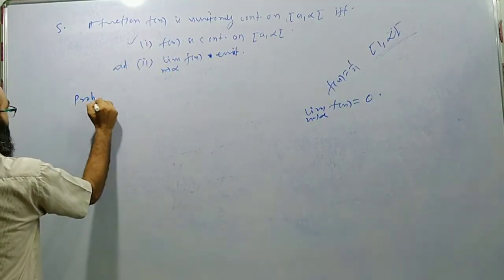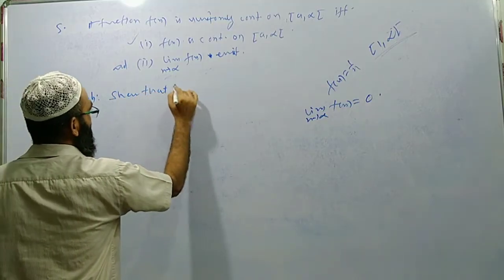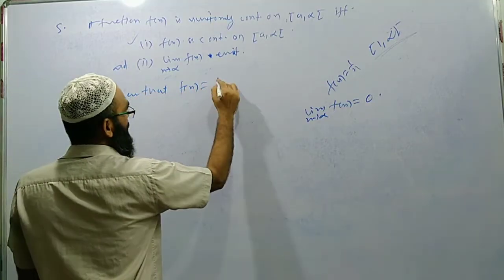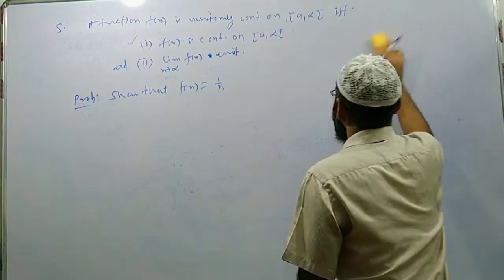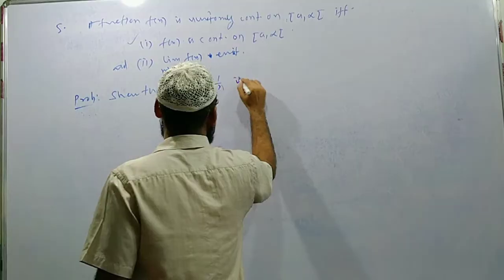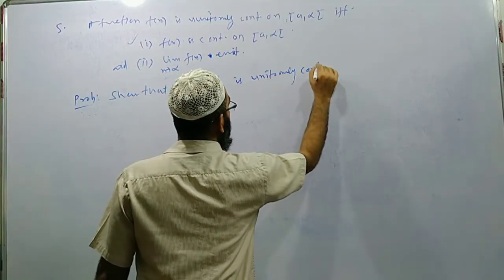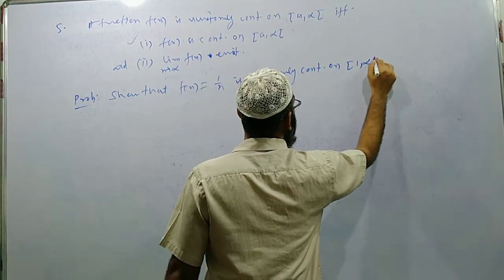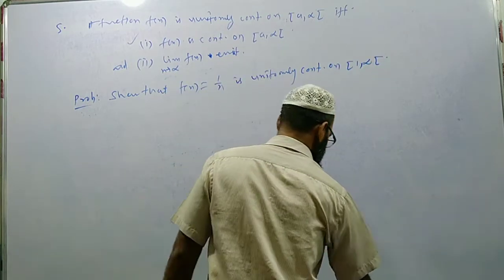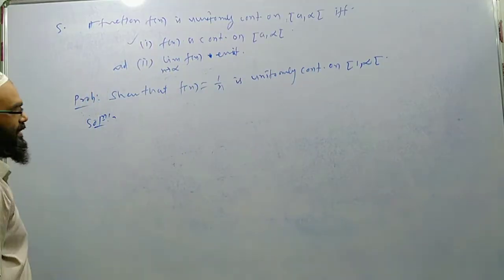Problem: show that f(x) equal to 1 by x is uniformly continuous on (1, infinity). Solution: we apply this technique.